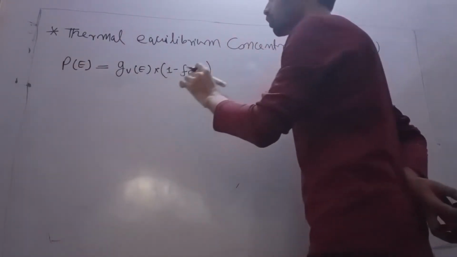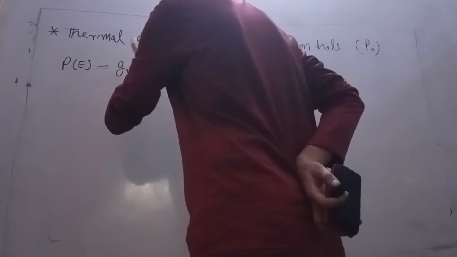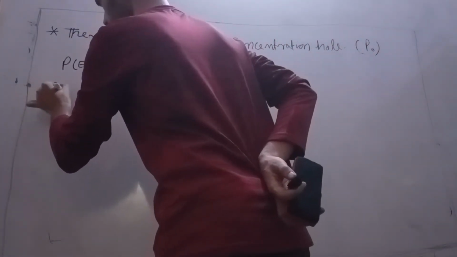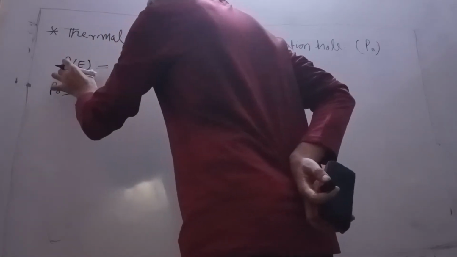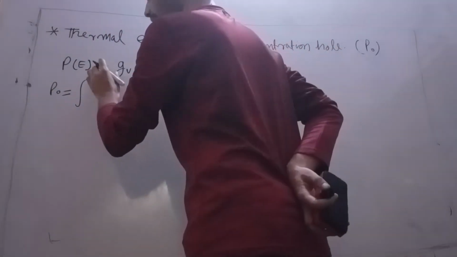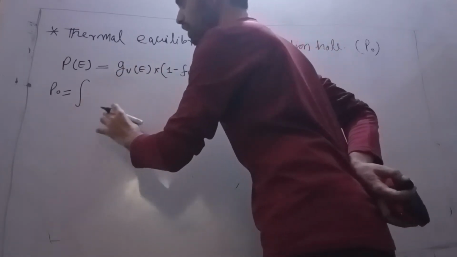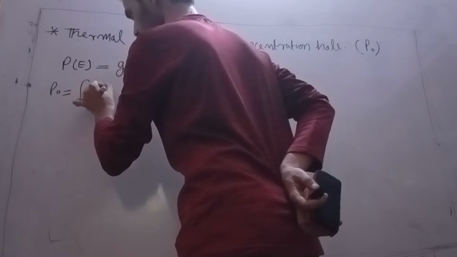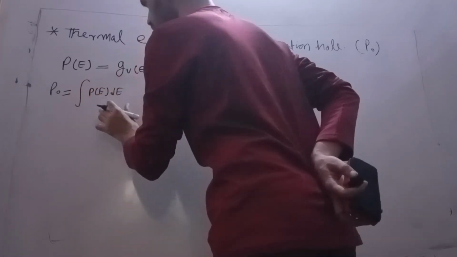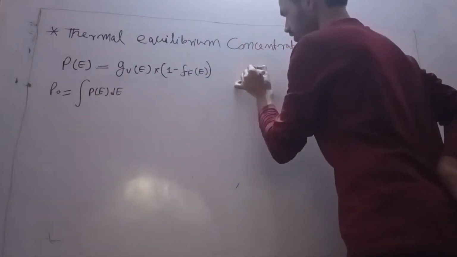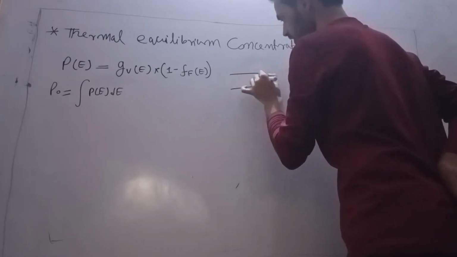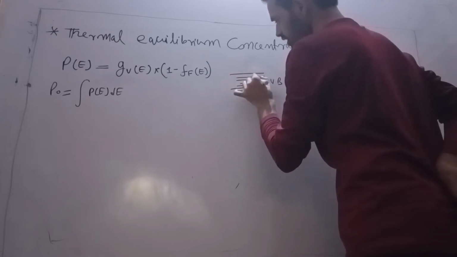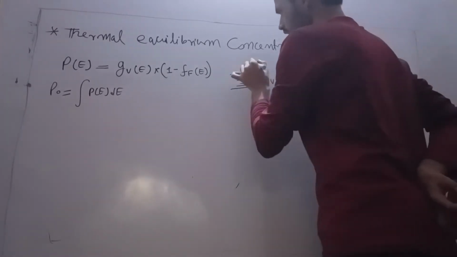Now how can we get the total hole concentration, which is the thermal equilibrium concentration of holes? P naught is obtained by integrating this equation over the entire valence band energy, that is P of E into D of E. If you see here, this is my valence band, and here so many energy levels are there.